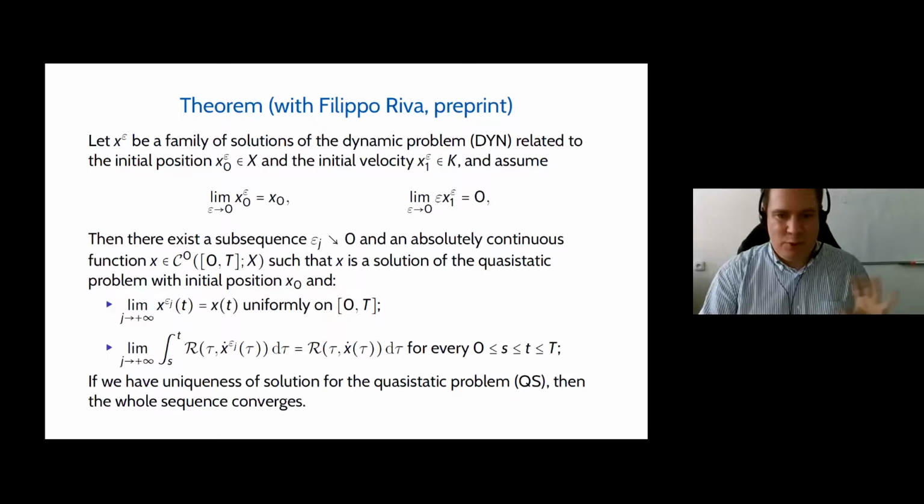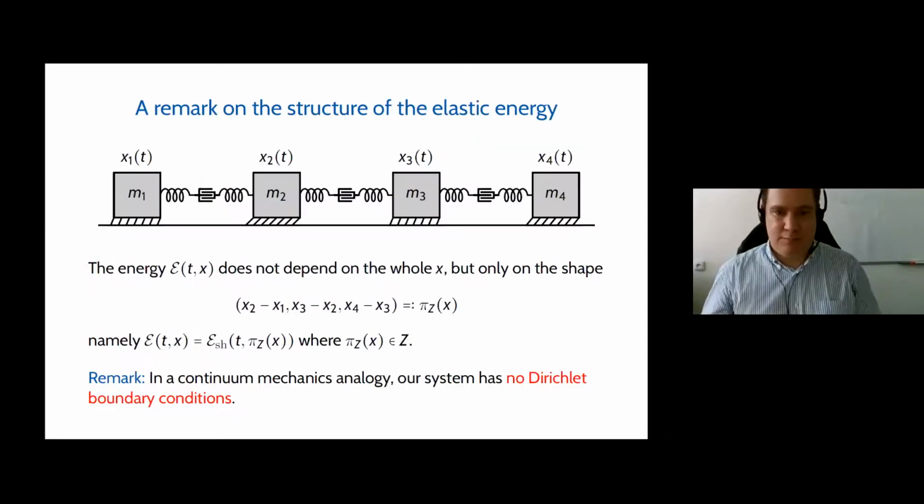Now, what hypotheses on the energy and on the dissipation potential? I'll give you a very simple example. And let me first look more precisely at what happens with the energy. As I told you before, in the quadratic case, the energy is not positive definite, but only semi-definite.